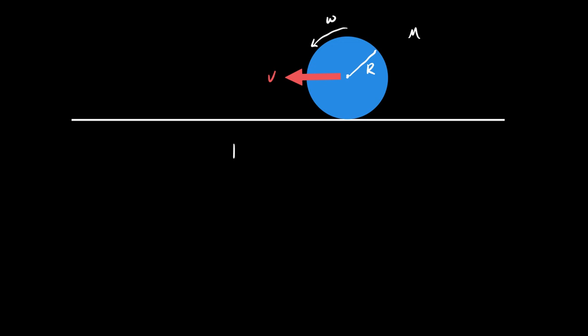This object has two kinetic energies. It has translational kinetic energy, but it also has rotational kinetic energy. So right away, 1/2 I omega squared plus 1/2 m v squared.